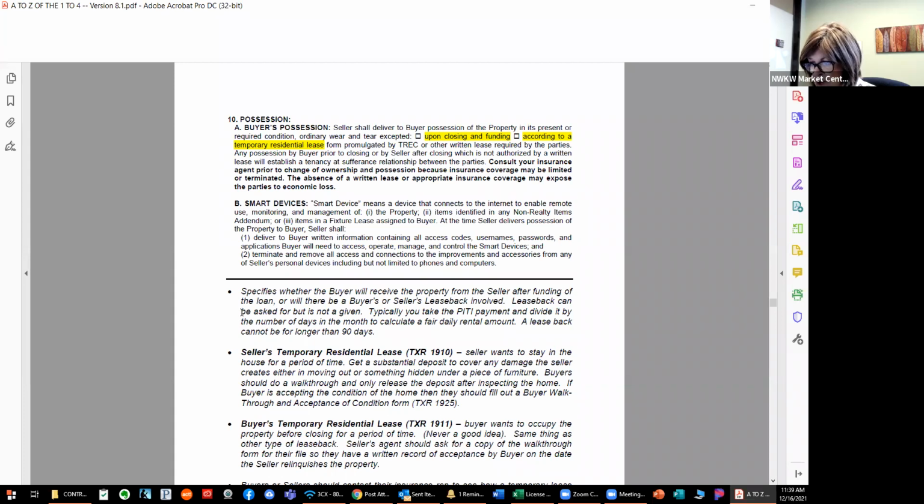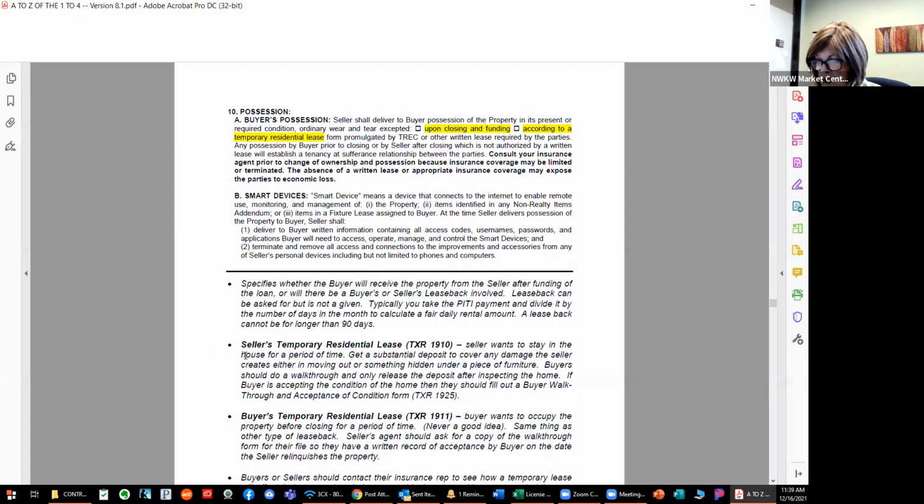Typically, how you determine that is you take the PITI, principal, interest, taxes, and insurance payment, and divide it by the number of days in the month to calculate a fair daily rental amount that they would be putting in the lease back. And important to remember, a lease back cannot be for longer than 90 days. 90, can't be longer than that. It's not a lease back then, it's a lease.